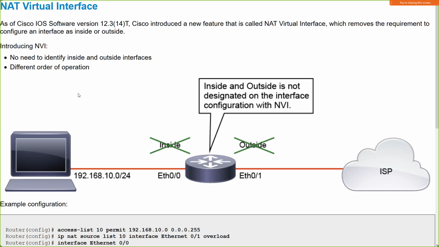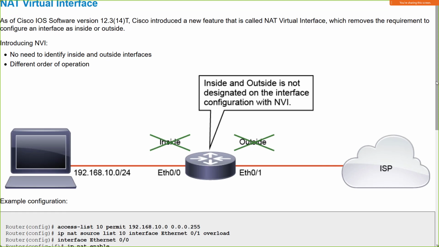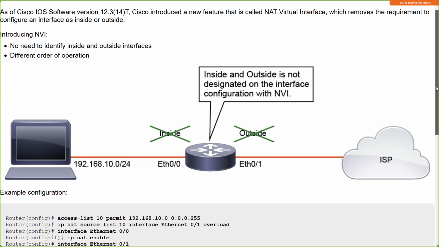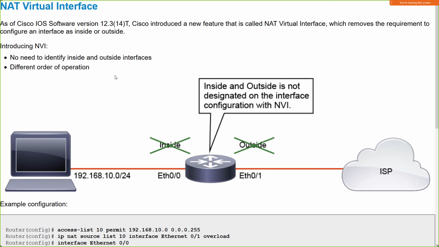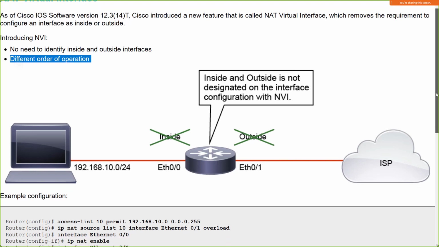As of IOS 12.3.14T, Cisco created something called a NAT Virtual Interface, or an NVI, which basically eliminated one element, and that is having to specify the inside and the outside address. You still have to have your policy. You still have to identify who's going to get NATed. The other most important piece of this is that the order of operations of the NAT process is completely different.